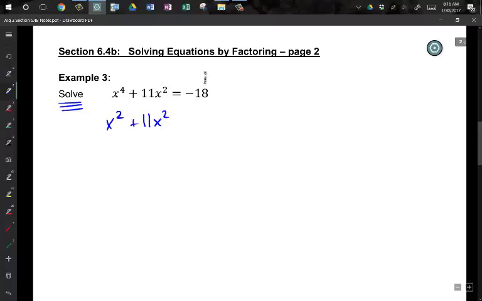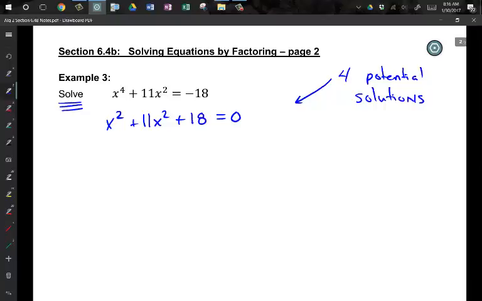The 18 changes sides, so it's going to also change signs. So it becomes a positive. And I need you to realize there are 4 potential solutions. They may not all cross the x-axis, but there are 4.